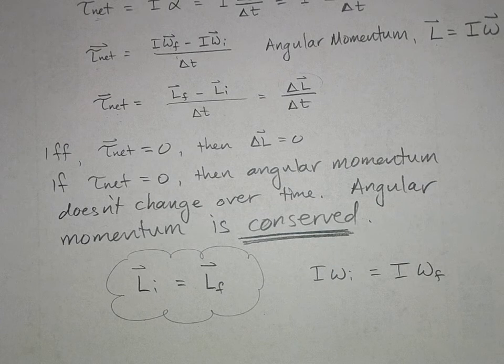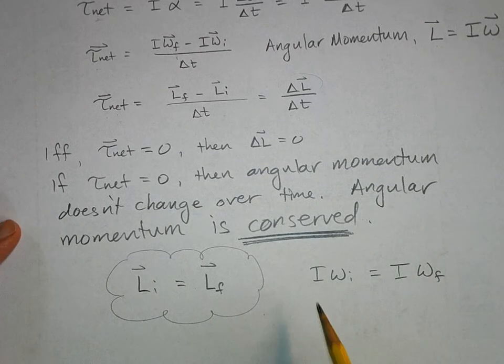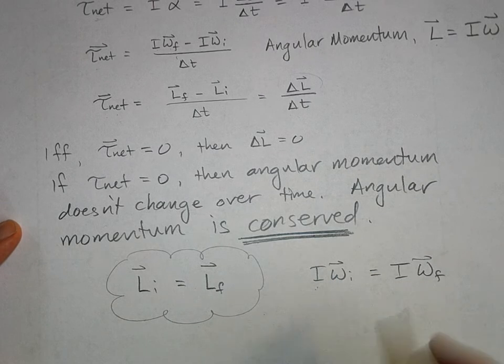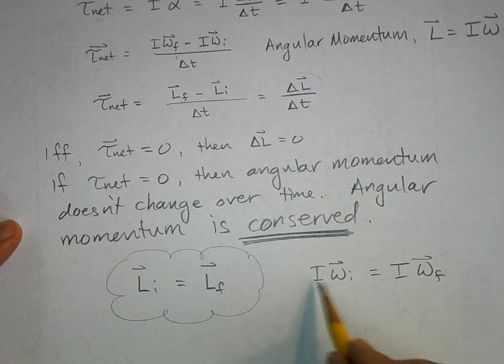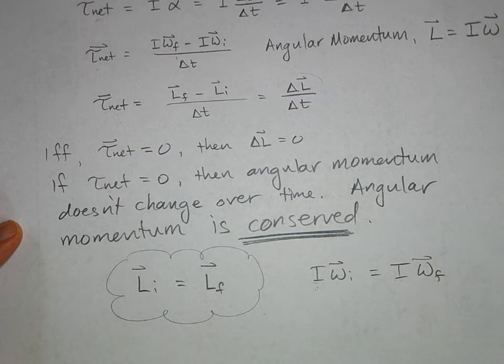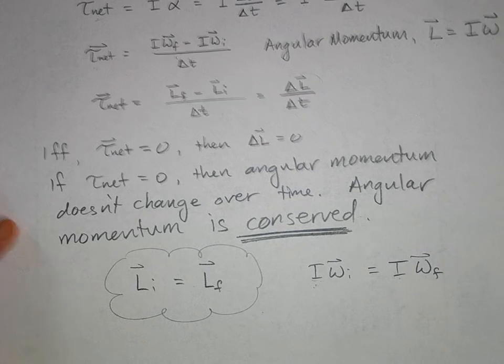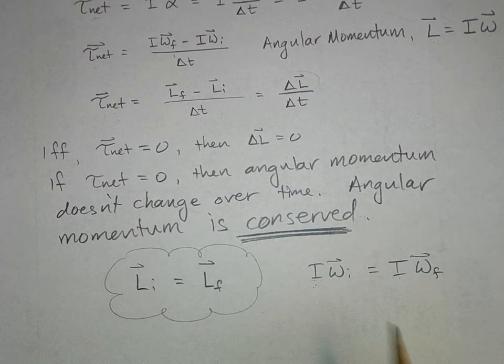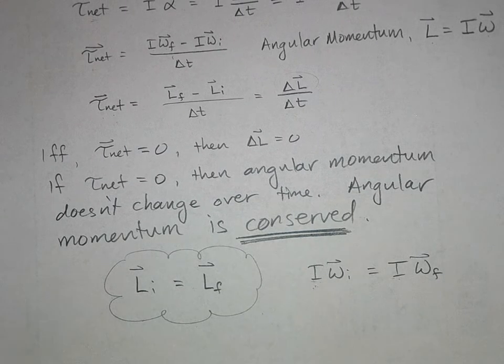But the most interesting and common things you'll see is, this product here, the way I wrote it, implies that I is a constant, right? Well, what if you had a system where the rotational inertia, or iota, I should say, changes?